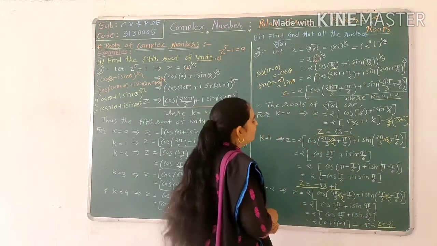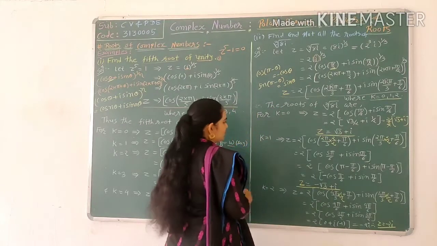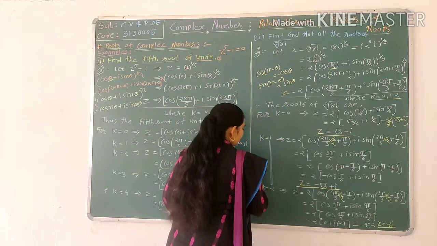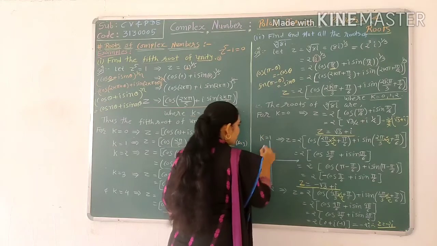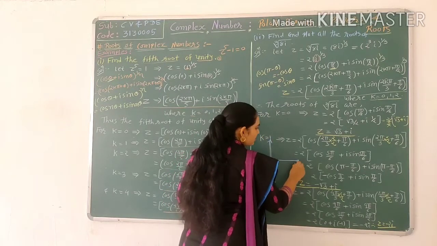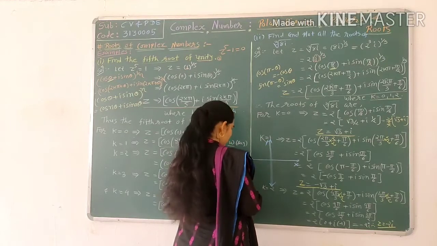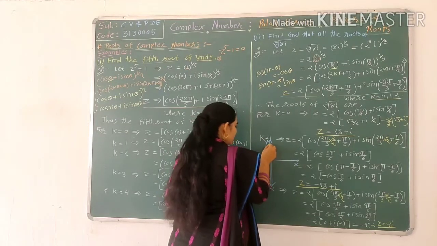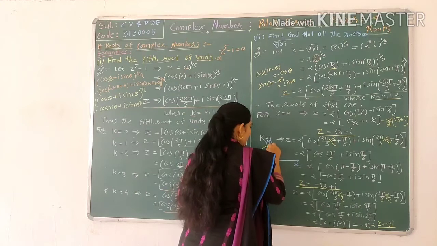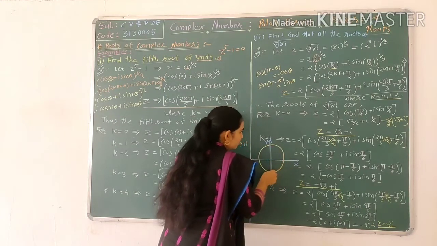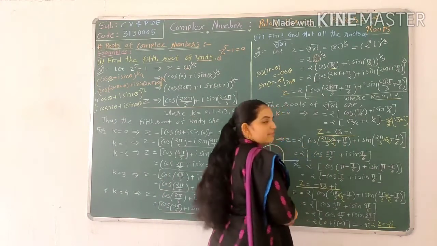Now we have to plot all the roots. This is the real axis and imaginary axis. This x is the real axis and this y is the imaginary axis. Now, the first root is root 3 + i.